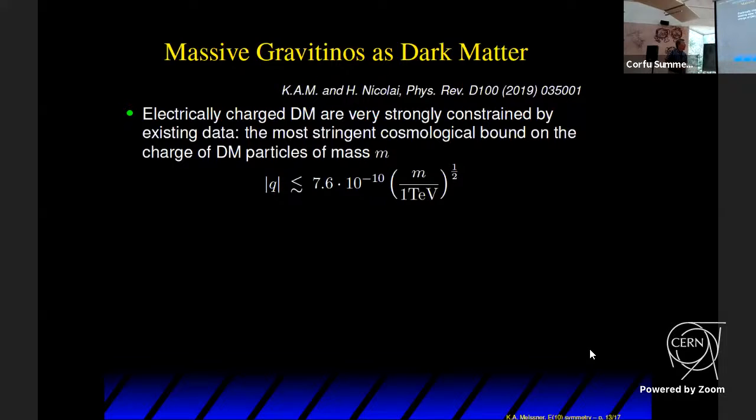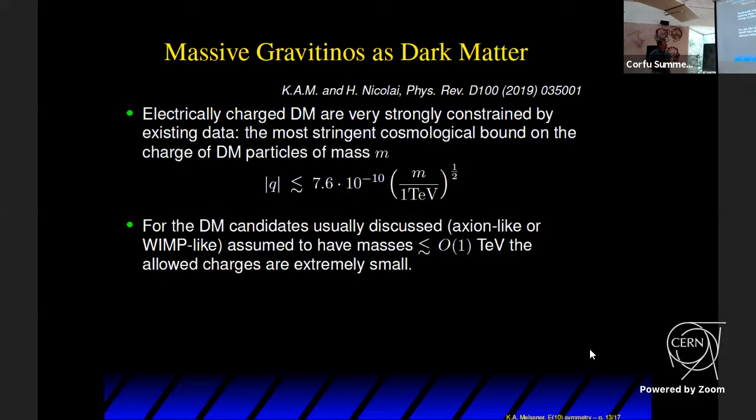So when you have the usually discussed dark matter candidates that are around 1 TeV, when you plug into this formula, you see that the charge can be extremely small. That's where the name dark matter comes from. But when you plug in the Planck mass to this formula, you get something of order 1. So the Planck mass dark matter is not constrained to have very small charge.